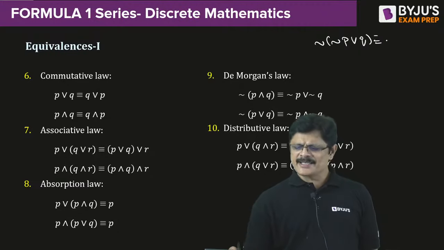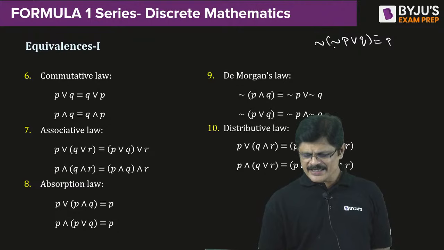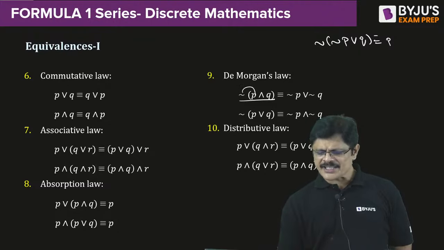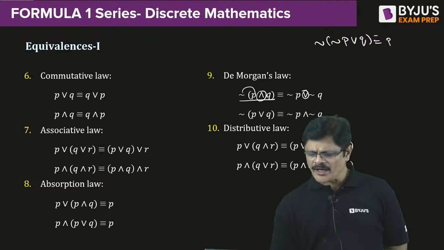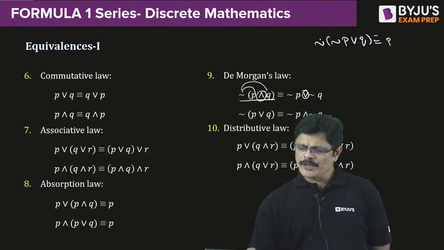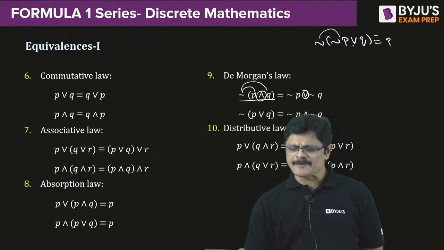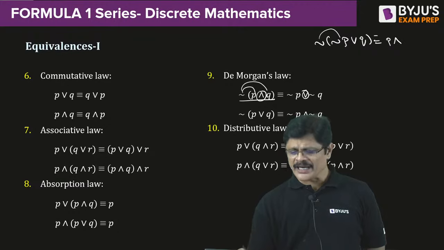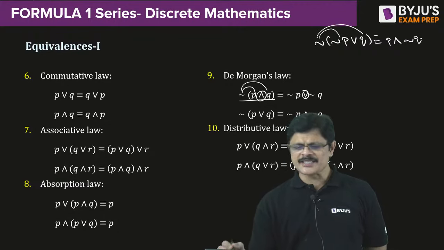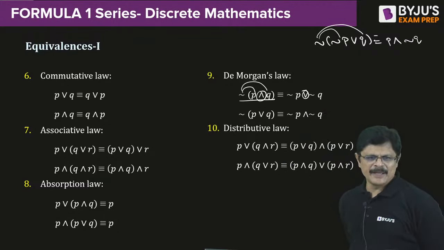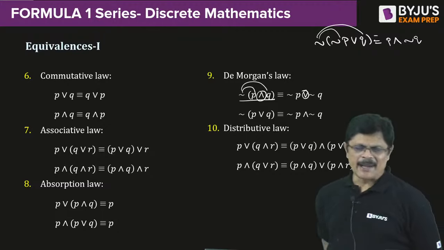So here P is applied. When you have this, negation is applied and changes OR to AND. Negation of negation P is P, the connective changes to AND, and negation is applied to Q. That is P and negation Q, my dear friends. Am I clear?